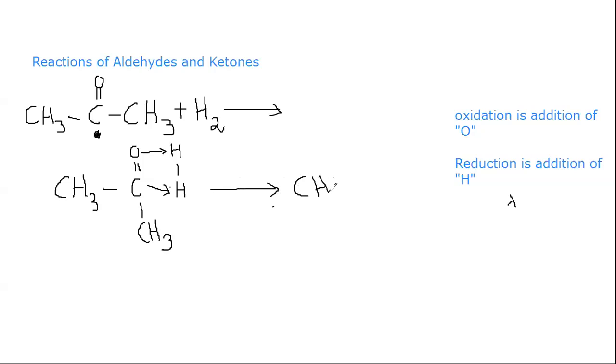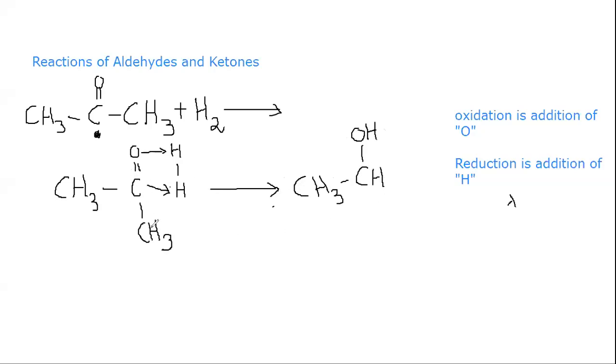CH3 COH, because this oxygen picked up this hydrogen to become OH. Now the double bond became a single bond. This carbon is picking up what? That hydrogen to become CH.